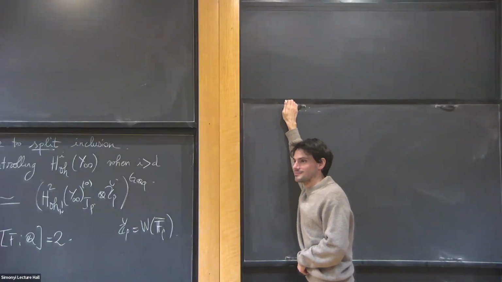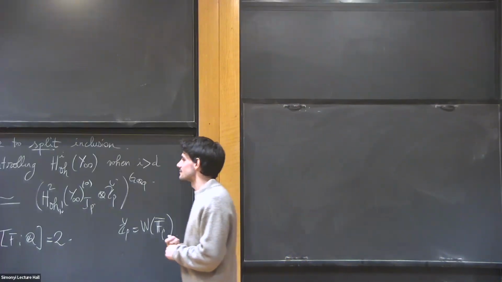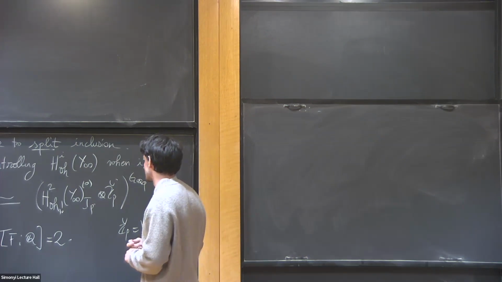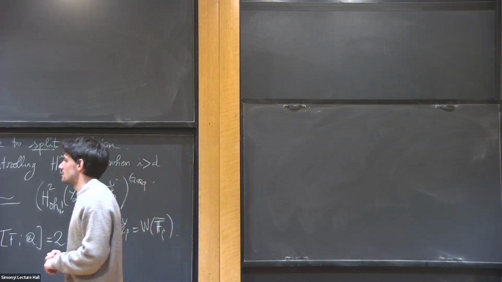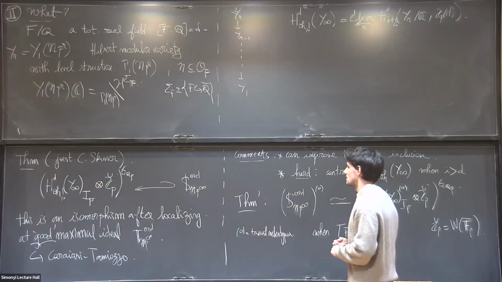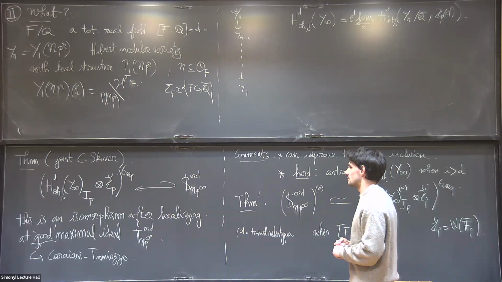I'm still confused about what happens in the parallel weight 1. Yes, parallel weight 1. So then by q-expansion, this space of modular forms is one-dimensional. And what line do you get in this etale cohomology?